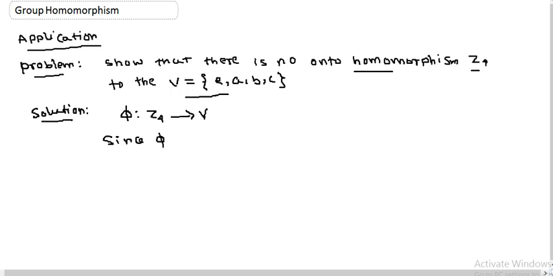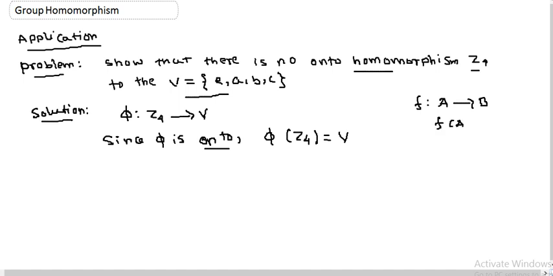So since phi is onto, phi of Z4 is the whole set V. This is the definition of an onto mapping. Let me remind you, a mapping f from A to B is called an onto mapping or surjective mapping if the range set or the image f of A, which is also called the image of f, is the whole set B.